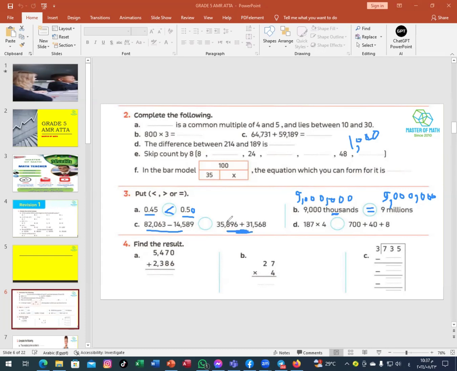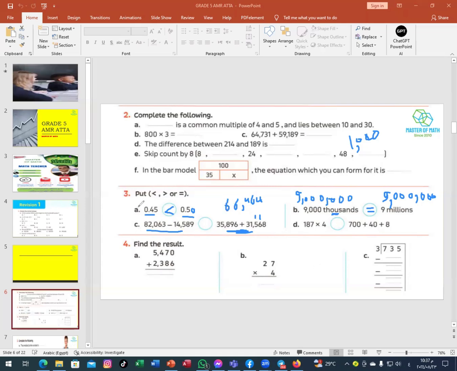I add 9 plus 6 equal 15, 5 and 1 over. 6 plus 1 becomes 7, 7 plus 9 equal 16, 6 and 1 over. 5 plus 1 becomes 6, 6 plus 8 equal 14, 4 and 1 over. 1 plus 5 equal 6, and 3 plus 3 equal 6.